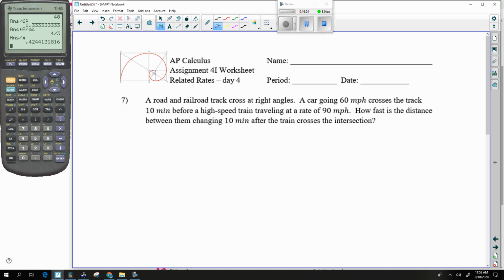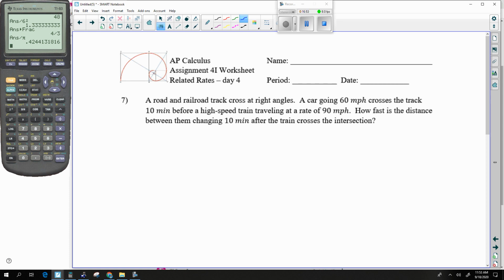All right, this one's kind of tricky. A road and a railroad track cross at right angles. A car going 60 miles an hour crosses the tracks 10 minutes before a high-speed train traveling at 90 miles an hour. How fast is the distance between them changing 10 minutes after the train?